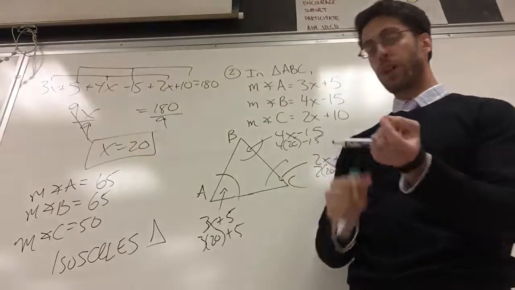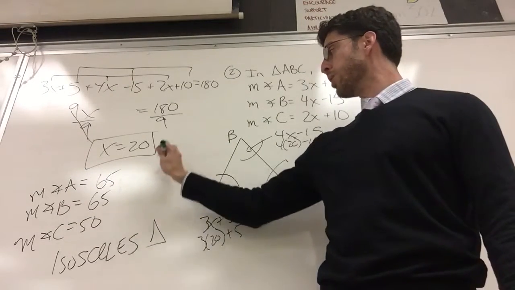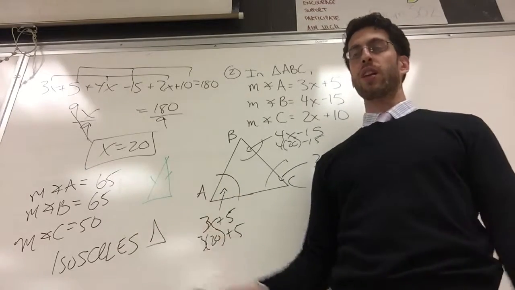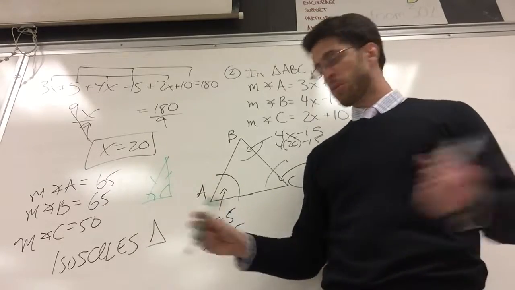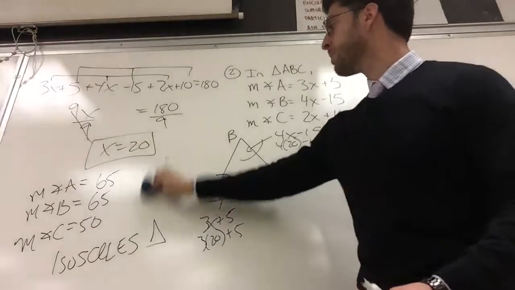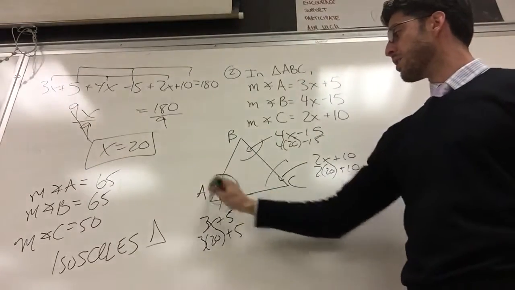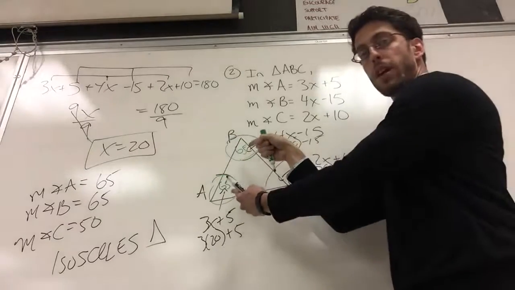If you're used to, and everyone's used to the basic isosceles triangle, draw an isosceles triangle. So they draw it, and they say these are the legs, and they're congruent. And if these are the legs, then these are the base angles, and those are congruent. So if you're used to that, you have to be able to spin it in your mind or on the paper. So if I spin this thing, because you're saying that A is 65 and B is 65, that means these are the base angles.